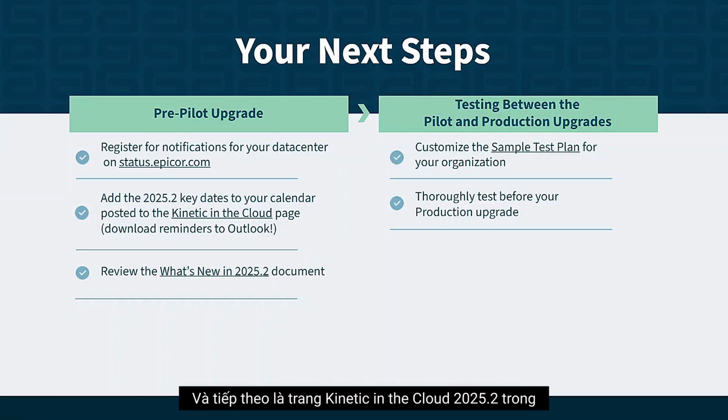And then next is that Kinetic in the Cloud 2025.2 page in Epic Web to look for important dates for your organization. Make sure that the dates are for your data center. So read the calendar carefully, and to make things easier, download those dates to Outlook.